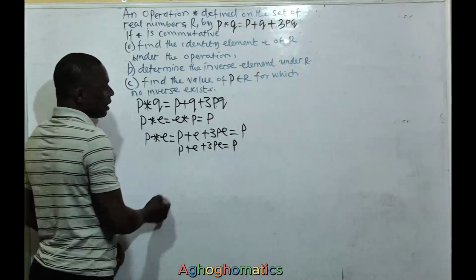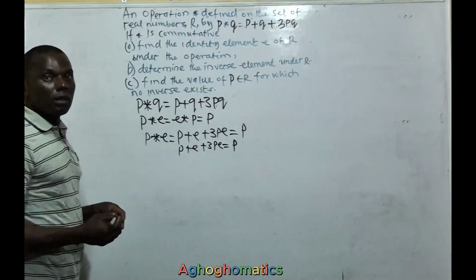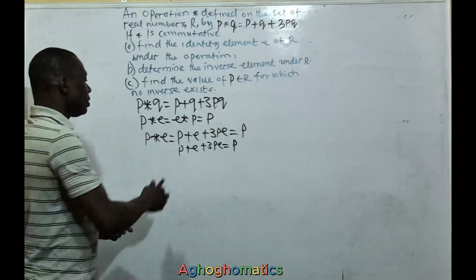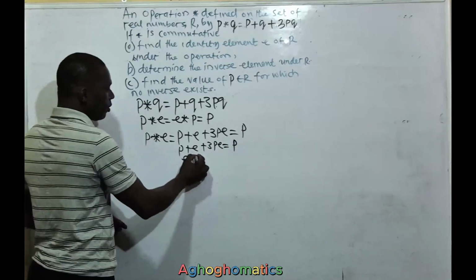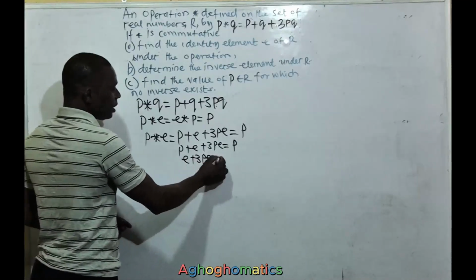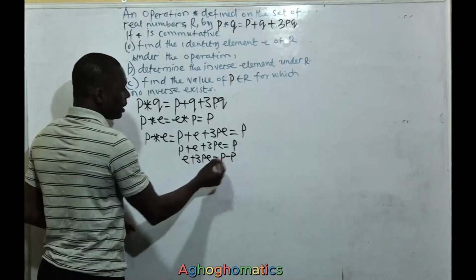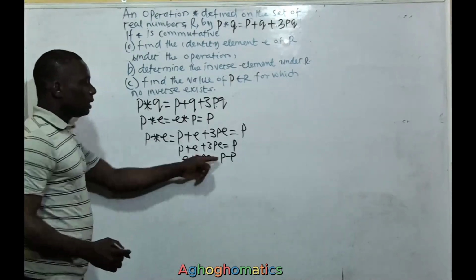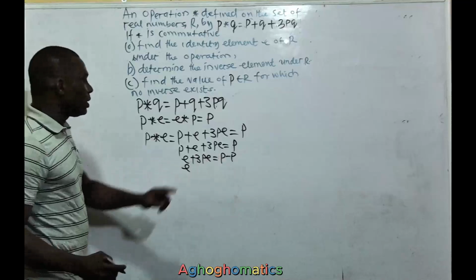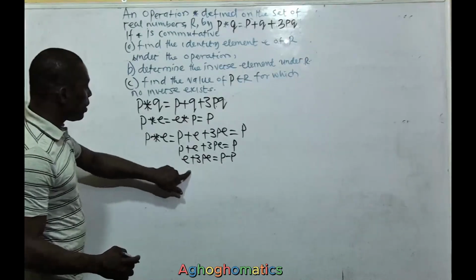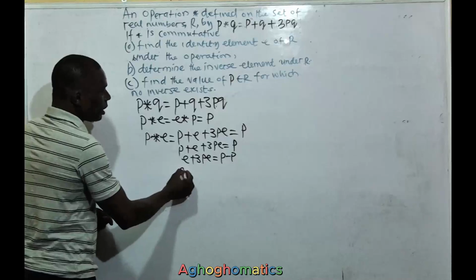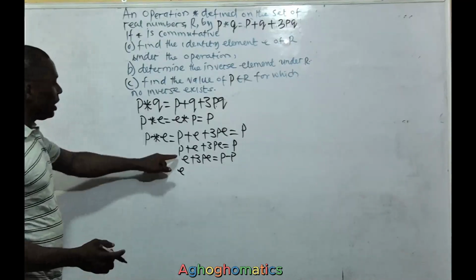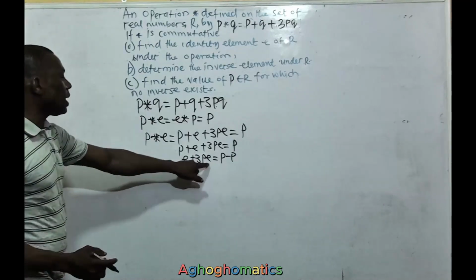P. Now, since we are looking for E, the identity element, we'll move this one to the right hand side, so this will become E plus 3PE is equal to P minus P. Then that means this one is off already, becomes 0. Here we could see that P is a common factor, so we factor out E here.